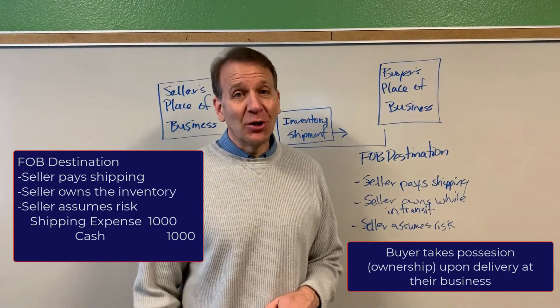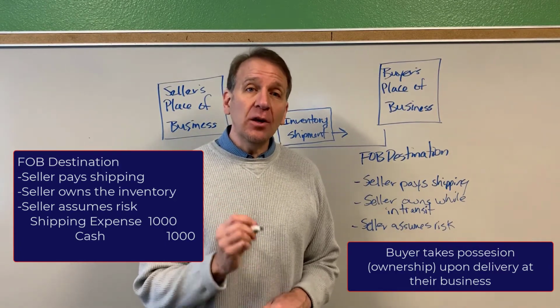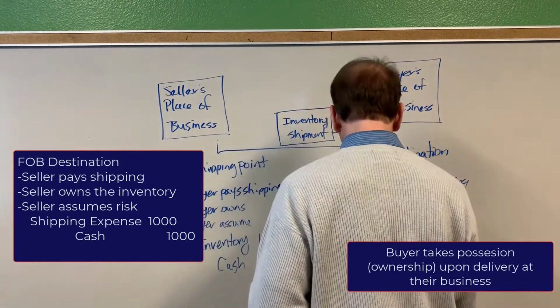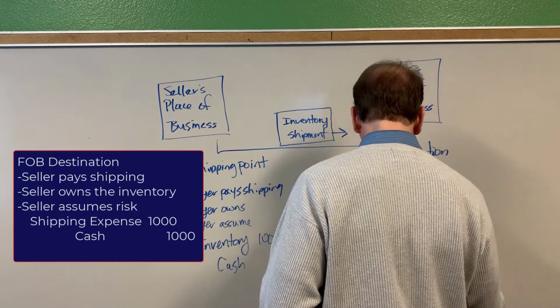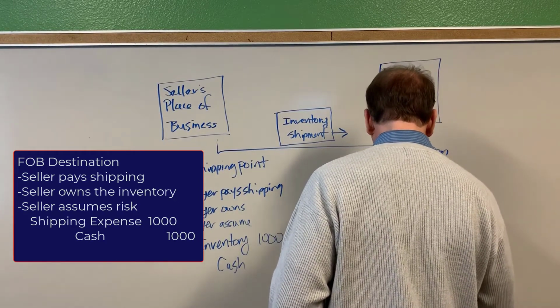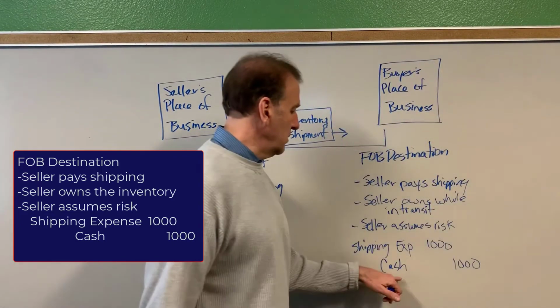Now let's take a look at the journal entry for that $1,000 payment. If the seller is paying the shipping, then they're going to debit shipping expense, or you might call it freight expense. And we said that it was $1,000. And then if they paid it, it would be a credit to cash, okay?